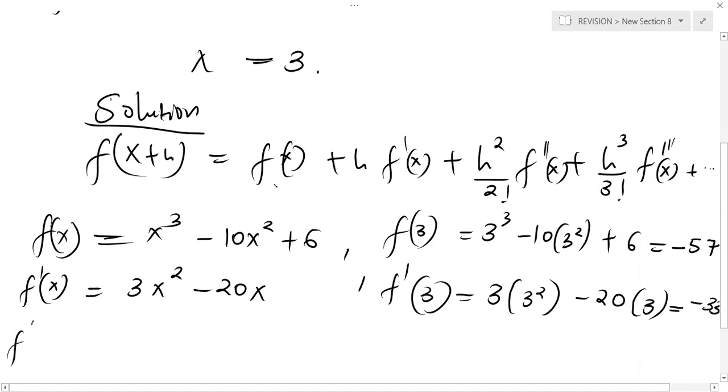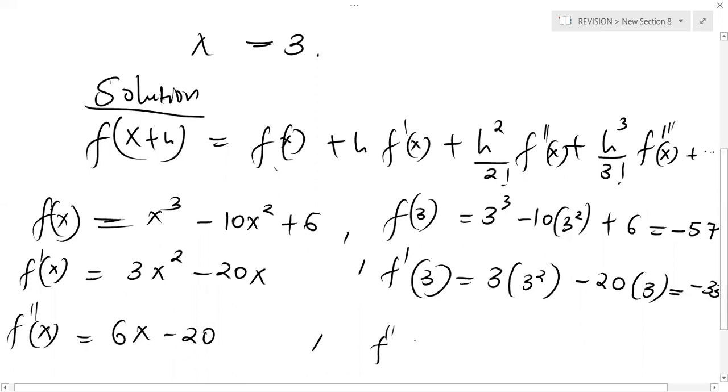Then what is f double prime of x? Differentiating this, you get 6x minus 20. Hence f second prime of 3, if you replace the value of 3, you have 6 times 3 minus 20. Evaluating this will give 18 minus 20, so that will be minus 2.